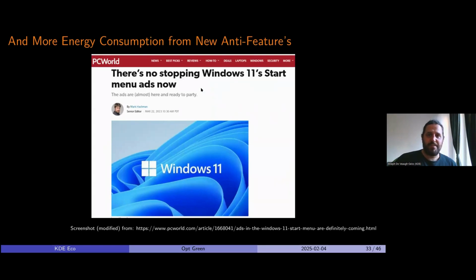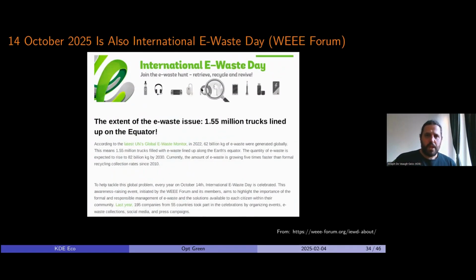The energy consumption and hardware demands of Windows 11 will increase. For example, there's now no option to opt out of the ads shown in your start menu, which are only going to increase the energy demands and how powerful the hardware needs to be.